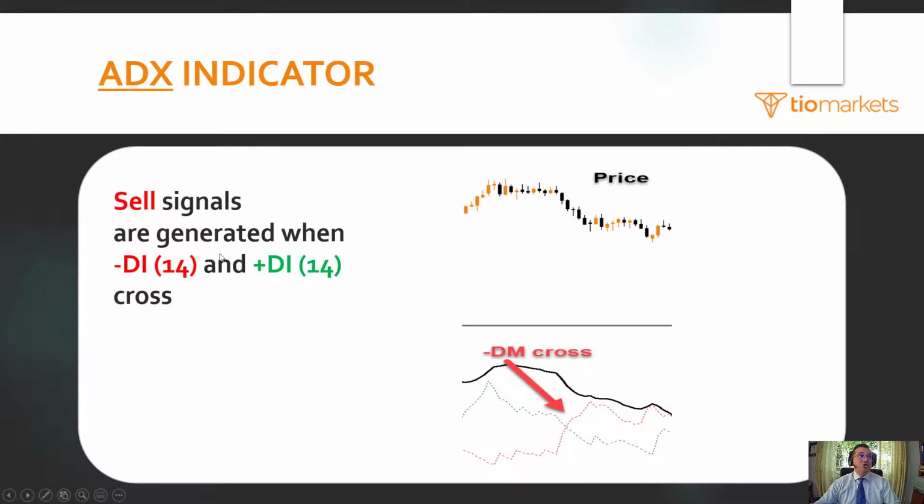Sell signals are generated opposite. Here we can see negative crossed above positive, and prices trending lower.